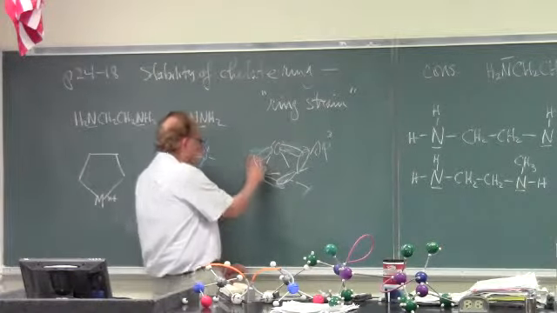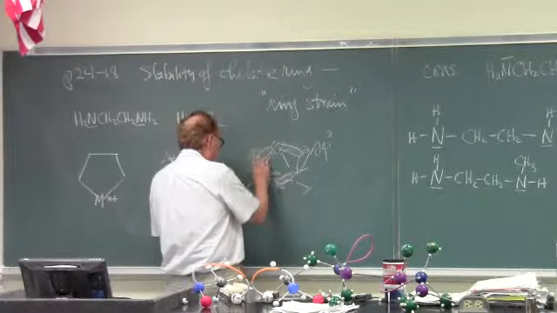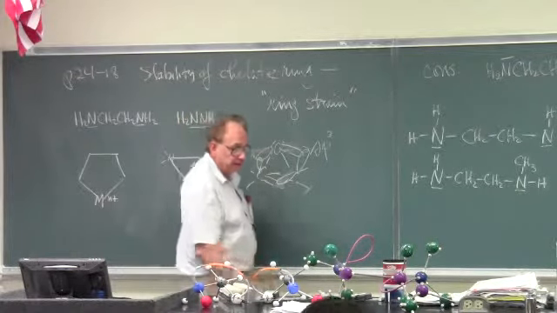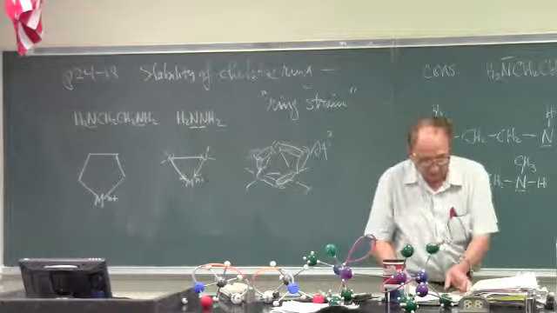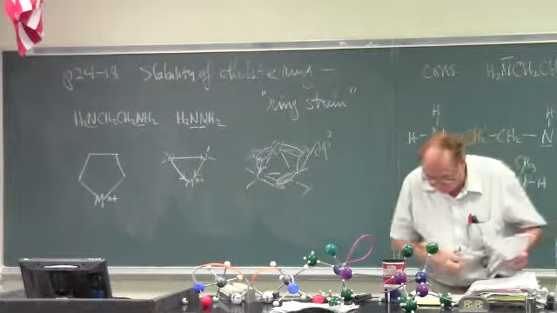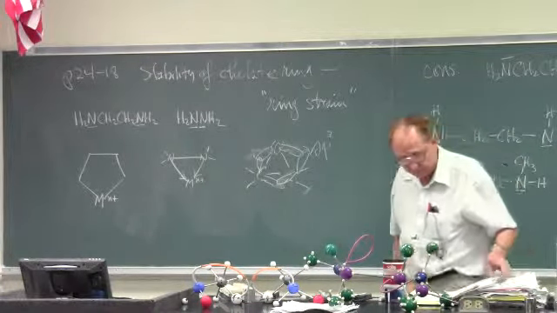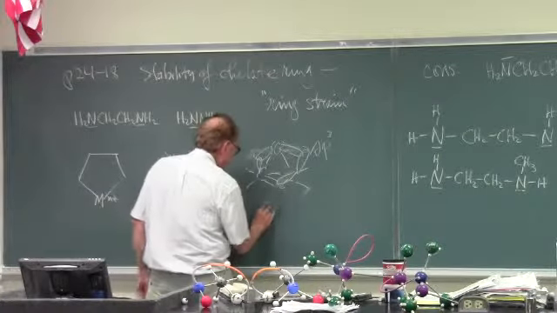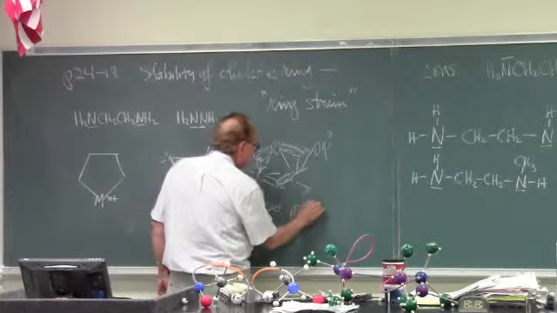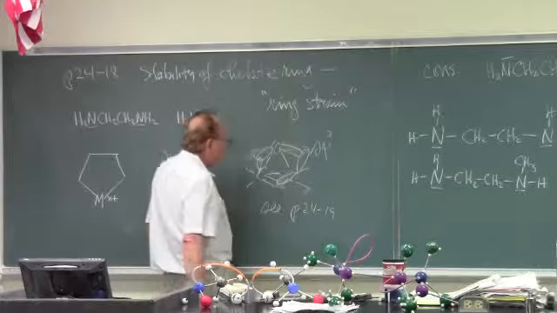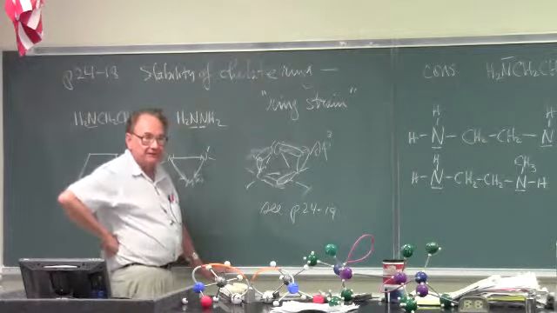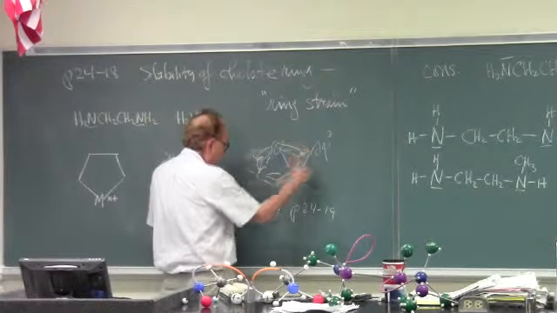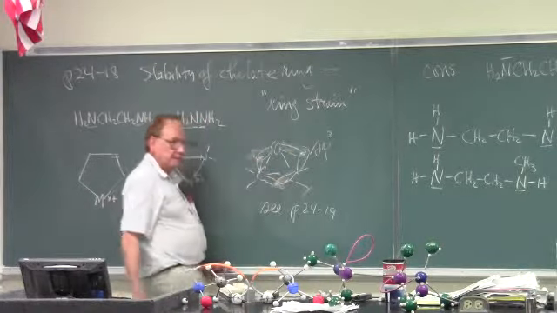Pardon my lousy artwork, the picture you see in the notes is a lot better. The picture to which I refer is shown to you on page 2419. Look where the overlap region is. Over here. Over here. Over here.